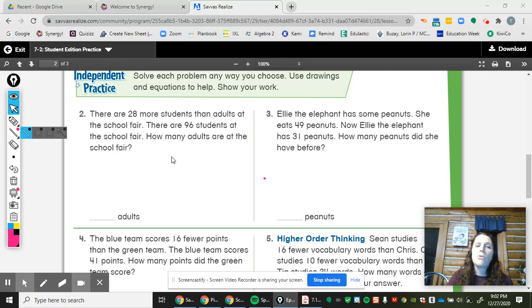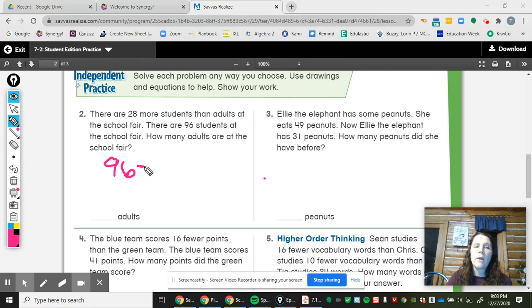All right, so let's write our equation. We know that there's 96 students so far. That's what it's told us. And we're trying to figure out how many adults. So 96 students, let's write our equation. I got to get my pen here. So we have 96, right? And then it said there are 28 more students than adults. So we're going to have to take 28. We so far have 96 students, and we know that there's 28 more than adults.